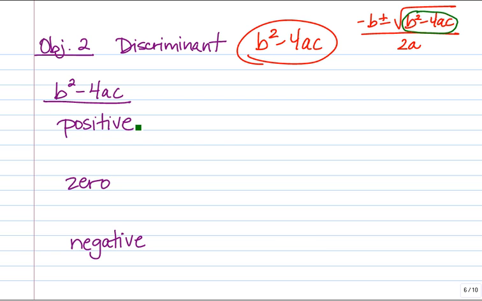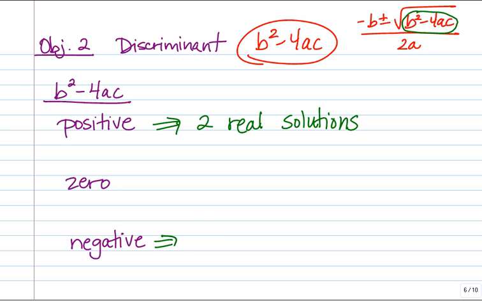If the discriminant is positive, the square root of a positive number is a real number. So there's going to be 2 real solutions to the quadratic equation. Now, if the discriminant is negative, like we saw just a moment ago, the square root of a negative number is an imaginary number.